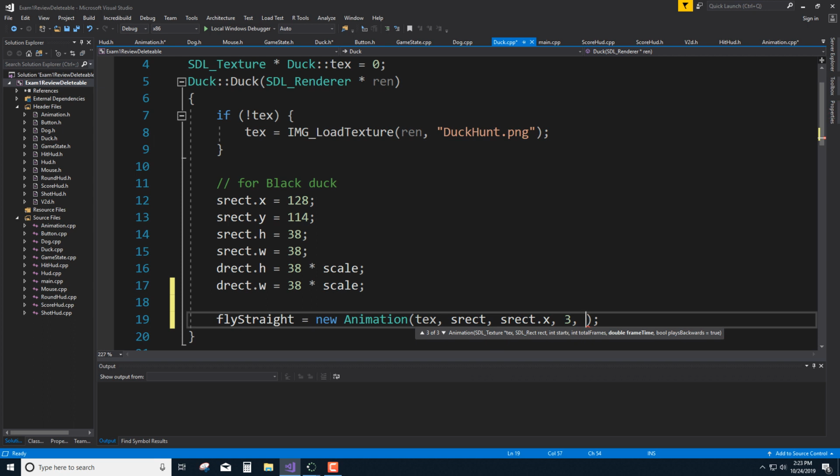So that's one frame. If you wanted 4, you can multiply that by 4. So that would be like 4 frames per animation. Well, it may be too fast. We can come back and adjust it.